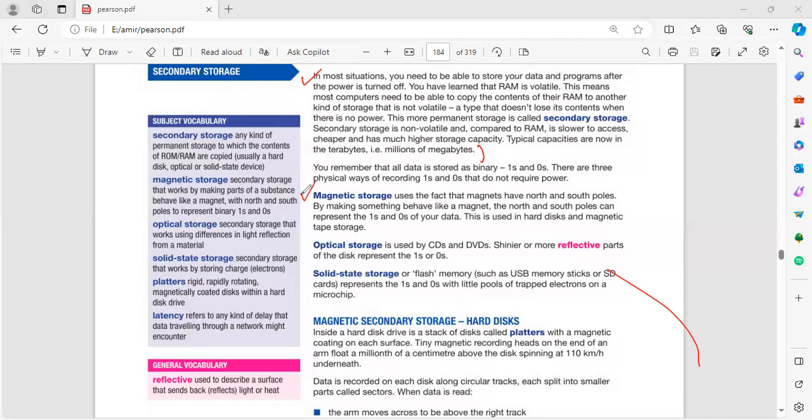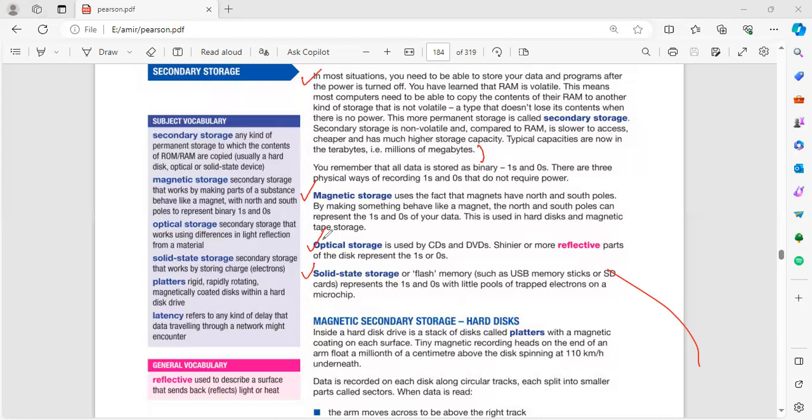Did you read this one: magnetic storage, optical storage, and solid state storage? Yes, sir. So you understand? No, sir, not that much. Which one? You don't understand?